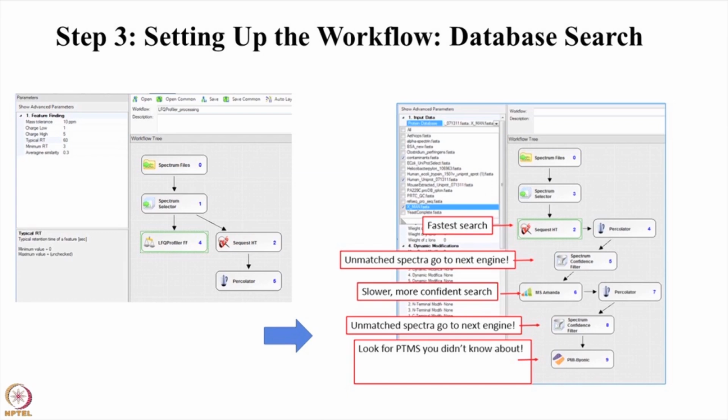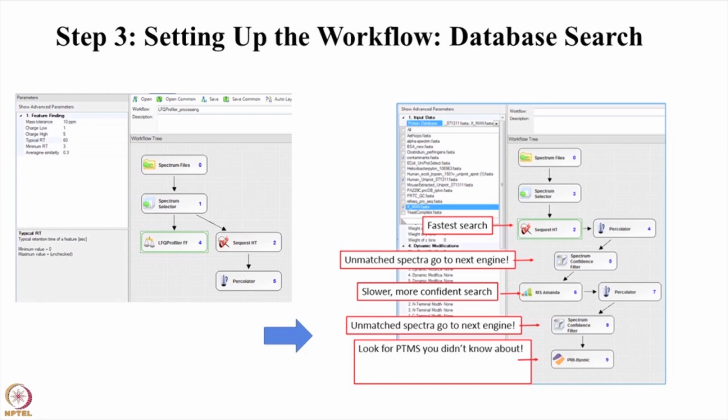Also here you can see the spectrum files will be taken, and then it will go to the spectrum selector, then it will go to the database, and then there is another workflow which is called the percolator. Other than these things, you can also use other search engines, like you can use Mascot in parallel with Sequest HT, and then if there are unmatched spectra, it can go to the next search engine also.